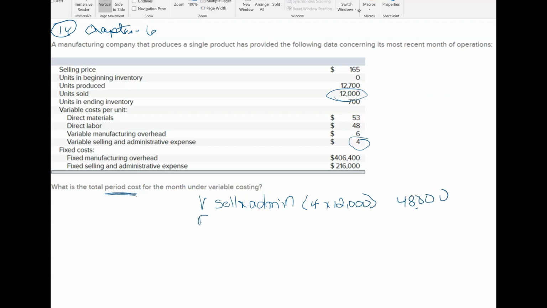And then the fixed manufacturing overhead, which is 406. And then the fixed selling and admin.